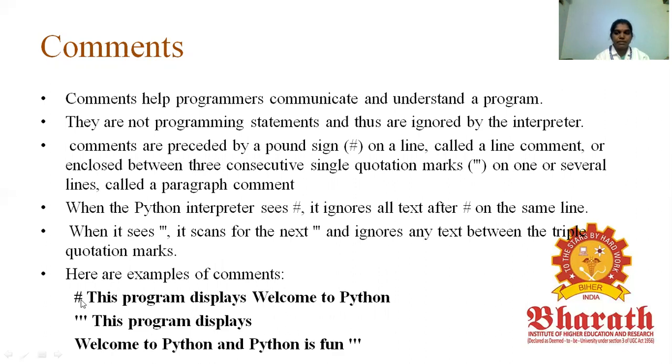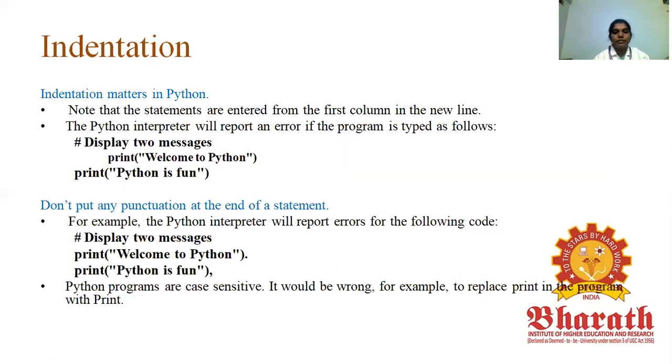See the first character, it has a hash symbol, so it's a comment line. There is no meaning for this line to the interpreter. In the next example, the triple quote symbol is used. One or several lines, also called paragraph comments.